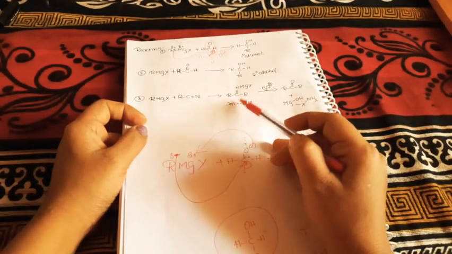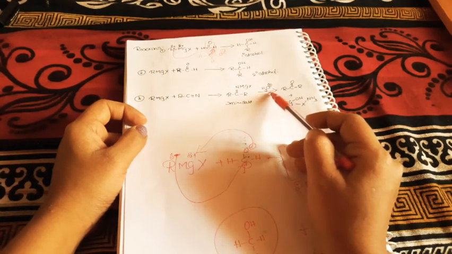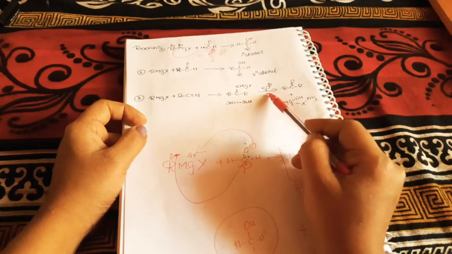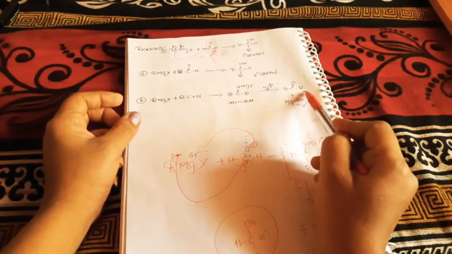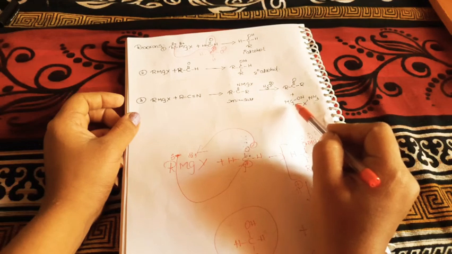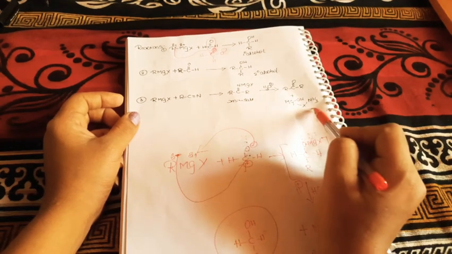Dear students, you could see here RCRNMgX, which is an imine salt, unstable, when treated with acid or acid hydrolysis will give the respective ketone and the byproduct hydroxy magnesium halide and ammonia.